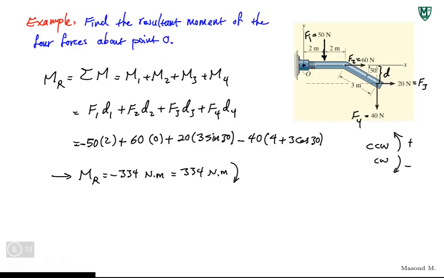If the line of action of a force passes through the point that we are trying to find the moment about, in this case, the line of action of F2 passes through point O, then D becomes 0, and as a result, the moment of the force about that point is 0. So just keep that in mind. You'll see that over and over when you're dealing with multiple forces.